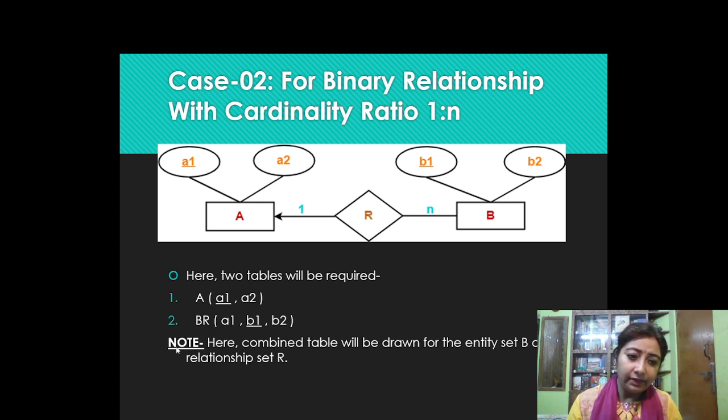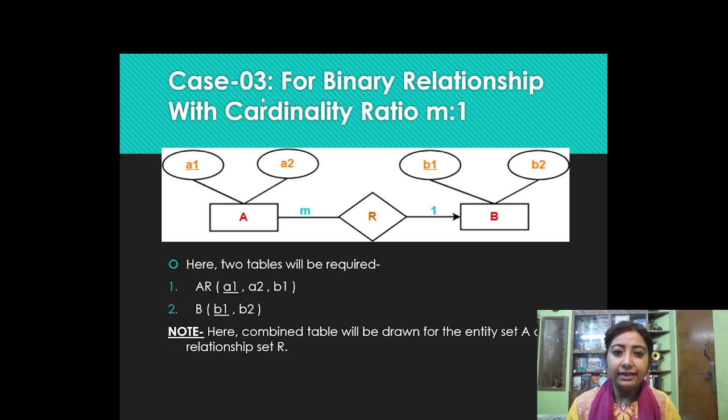Note that the combined table is drawn for the entity set B and relationship set R. That means the combination of B and R will become the table, where A1 will be the foreign key. But A, which has the cardinality ratio 1, cannot take B1 as a foreign key here. A will take only its own attributes. So this is cardinality ratio 1:n in case number 2.